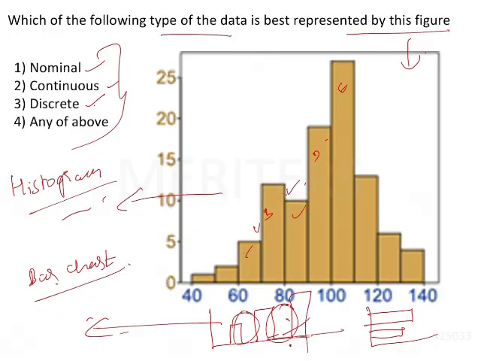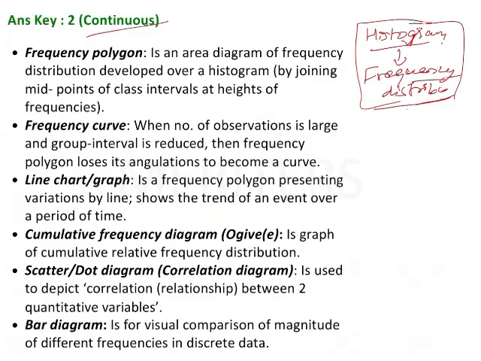For example, I don't know what the X value and Y value represent, but what they are trying to say is that between 60 to 70, whatever it is, the values range from 5 to 15. Like frequency of distributions. It is a continuous value. The graph is continuous without any gap. When a histogram represents frequency distribution, it is called continuous value. Now I will explain in a little more detail.